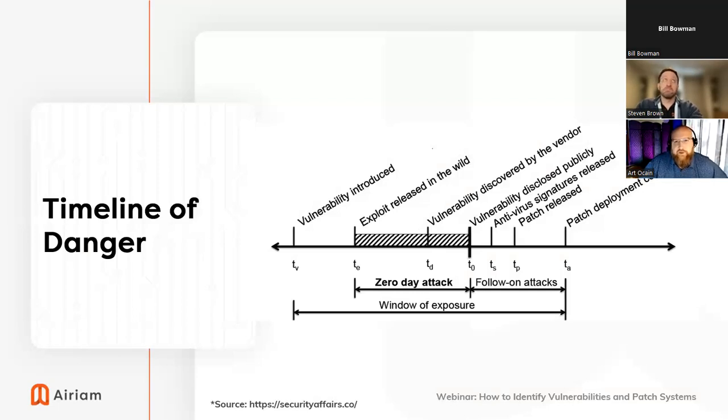And then the vulnerability will be fixed by the vendor. That's usually when the vendor will release a notice and say, hey, there's this vulnerability, you'll see a CVE, here's the patch for it, here's the workaround, or here's what to avoid, that kind of thing.